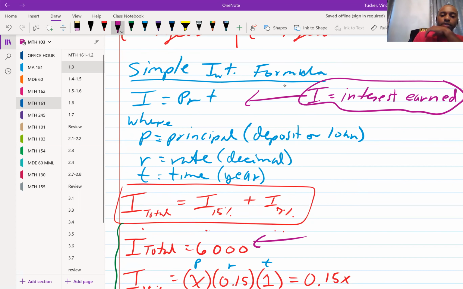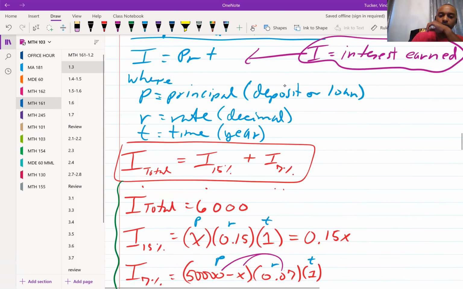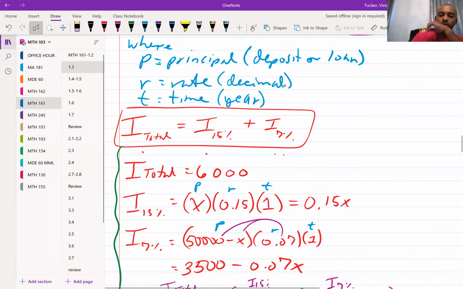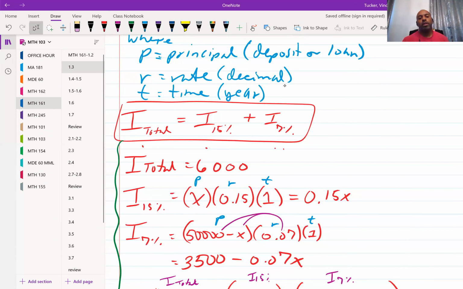Now the total interest, we already said is 6,000. And then the interest earned in the 15% account, PRT, we just take an X times 0.15 times 1. That will be 0.15X.